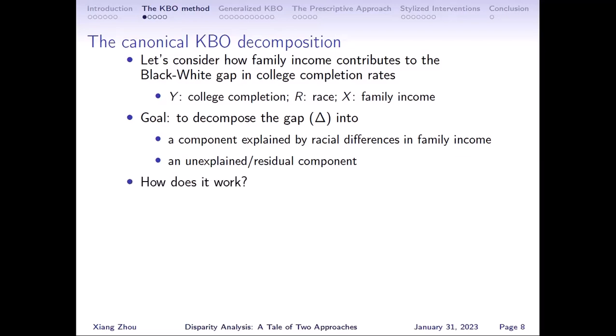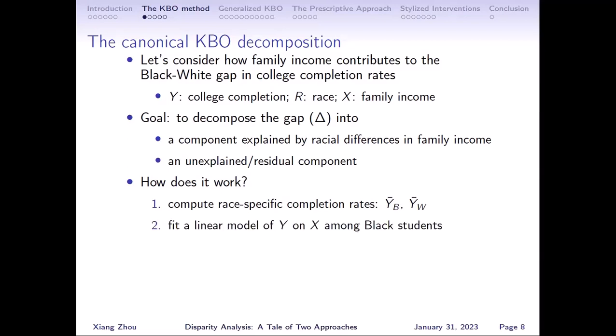So how does it work? We proceed in a couple of simple steps. We first compute race-specific completion rates, basically the average outcome for Black and for white students, which we denote by Y_B bar and Y_W bar. Then we fit a linear model of college completion on family income only among Black students.